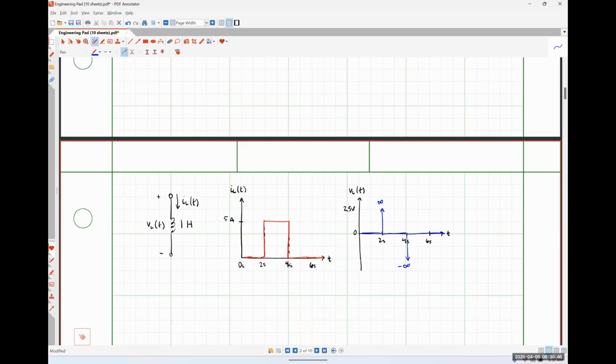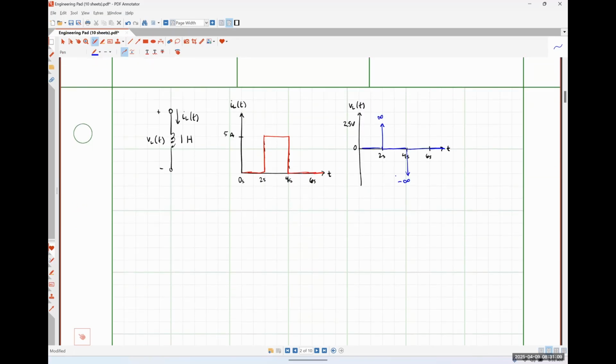So what this actually tells us is that the current absolutely cannot behave this way in an inductor, or it breaks the laws of physics, okay? So we can say from this little thought experiment that the current flowing through an inductor cannot change abruptly. It needs to take some amount of time for the current to actually change in an inductor.